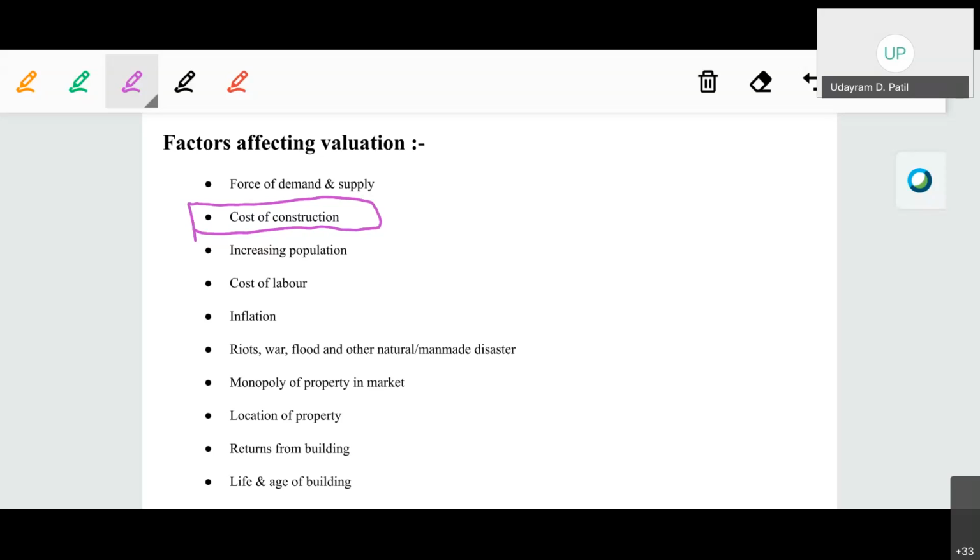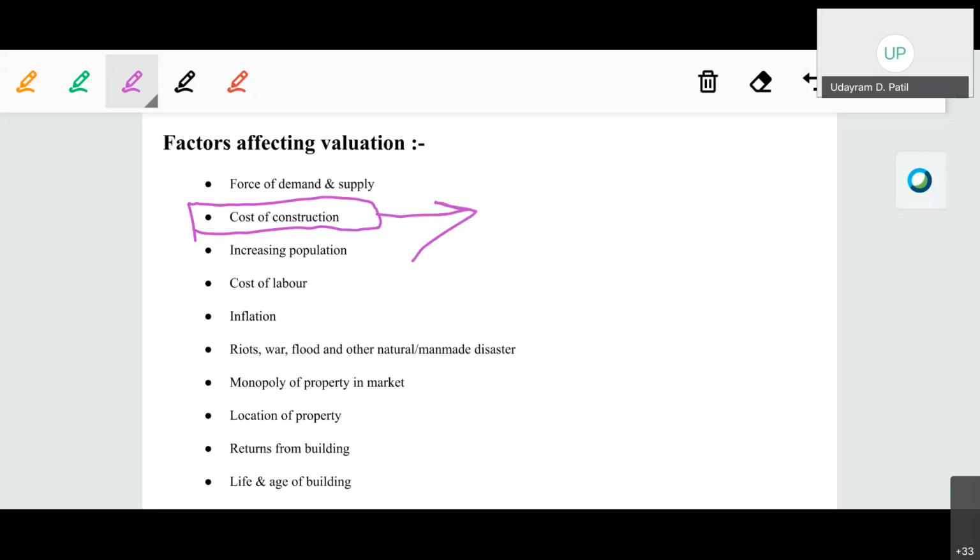It's okay to have less profit than higher profit, but it is not okay to go into loss just for selling that property. Therefore, the construction cost plays an important role while selling or buying a newly built property.